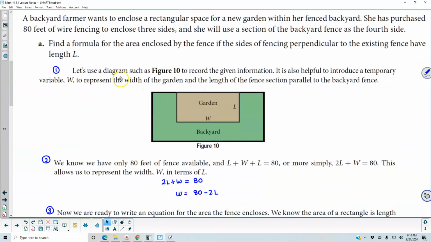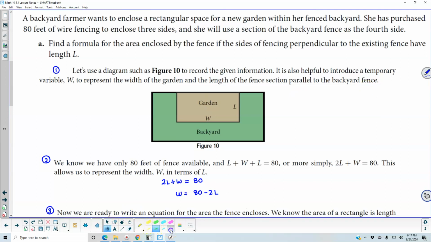So let's use a diagram such as we can see in figure 10 to record the given information. It is also helpful to introduce a temporary variable W to represent the width of the garden and the length of the fence section parallel to the backyard fence. In this figure, this is the garden. And what do we know?